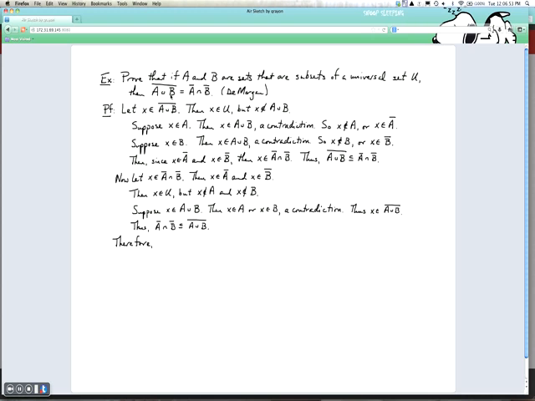The last thing we say is, therefore, A union B quantity complement is the same as A complement intersect B complement, due to the double set inclusion.